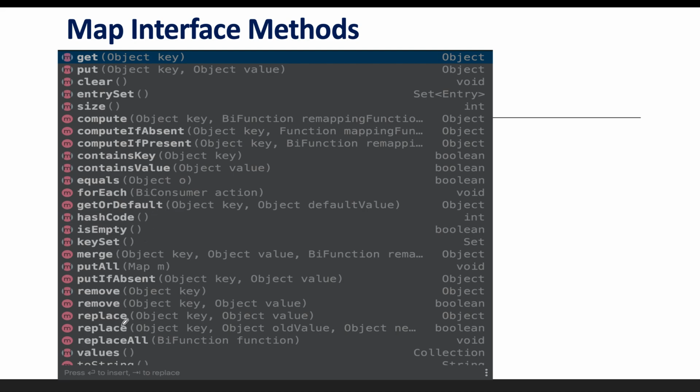Similar to that, the values method is also there, which we use when we want to get the list of all the values available inside the map. Then replace and remove. As the name suggests, remove is used when we want to remove an element based on the key, or based on the key and value pair, and replace is used when we want to replace the value for a key with some new value.